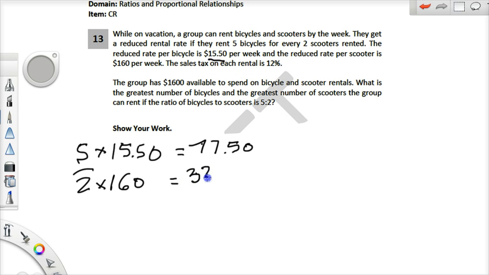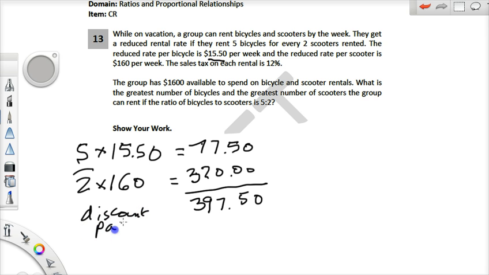And there's our 320. All right, let's add these up. Okay, and that is per discount package. So I'm just going to label this our discount package.